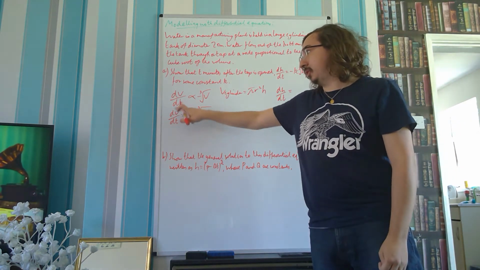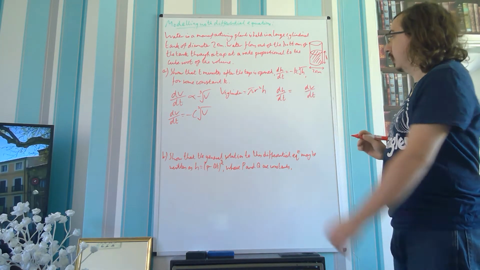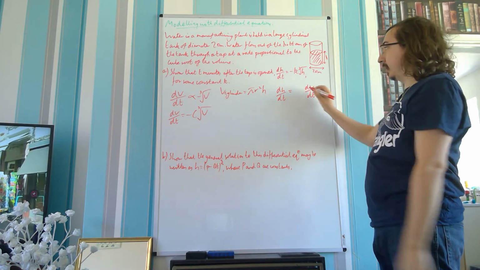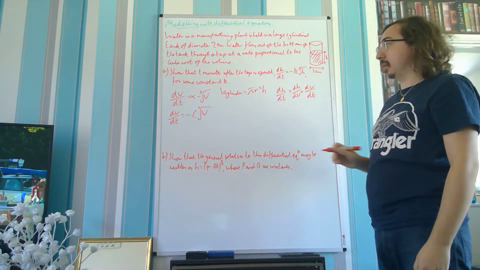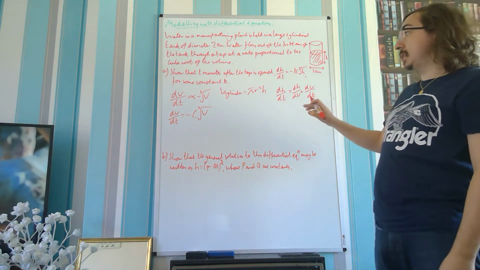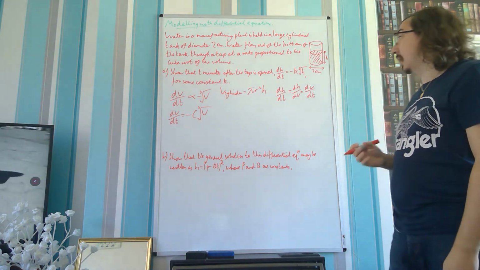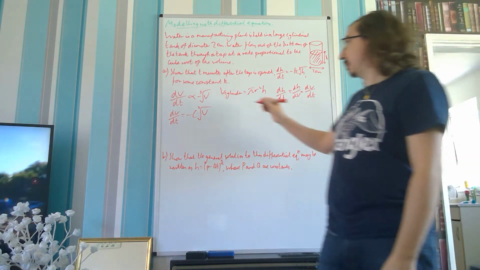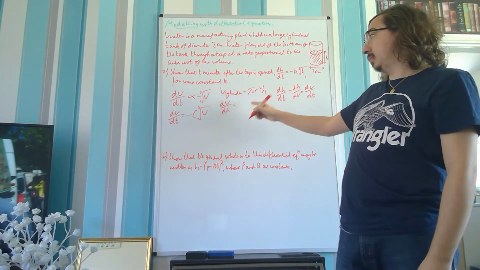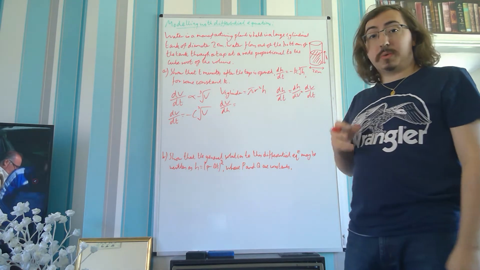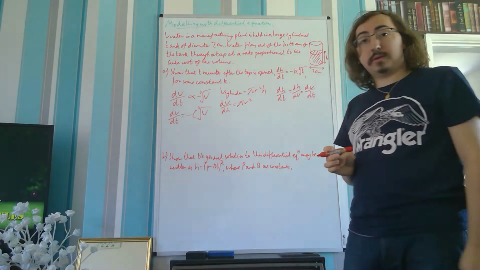Now, we've got an expression here for dV by dt. So we've got our dt's, but we don't like this dV. So we need to get rid of the dV, and we do want a dh. So actually, we need to get an expression for either dh by dV, or from this, we can get an expression for dV by dh. So the differential of this with respect to h, the pi r squared is just a constant there, so the h disappears, leaving us with pi r squared.